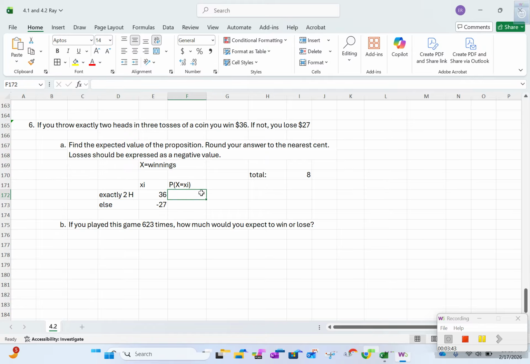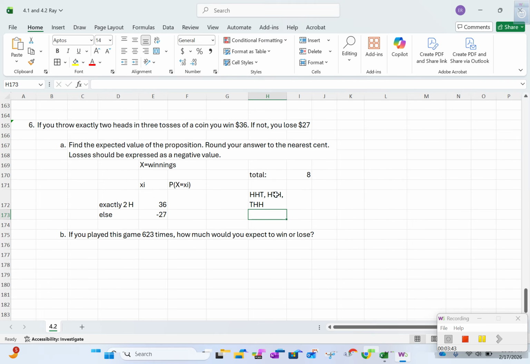So my probability of exactly 2 heads would look like 3 of them. Just to remind you, I could have heads, heads, tails. I could have heads, tails, heads. Or I could have tails, heads, heads. That's where the 3 is coming from. So it equals 3 over 8.